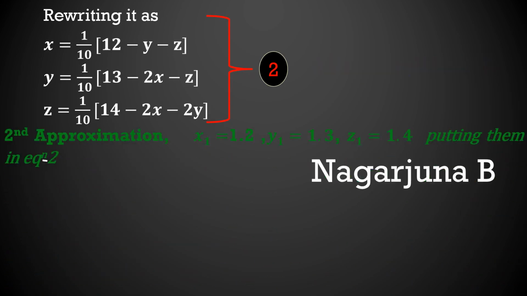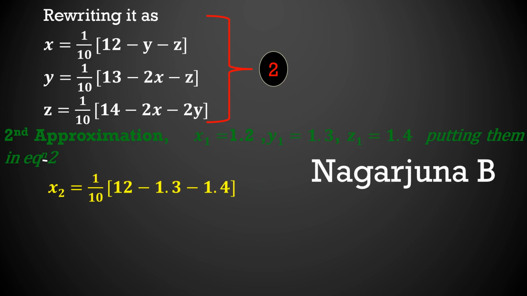Now second approximation, x1 is 1.2 and y1 is 1.3 and z1 is 1.4. So these are the x, y and z values which we have got at the first approximation. Substituting these values on the right hand side of the system of linear equation 2, we get x2, y2 and z2. x2 equal to 1 divided by 10 into 12 minus y is 1.3 minus z is 1.4.